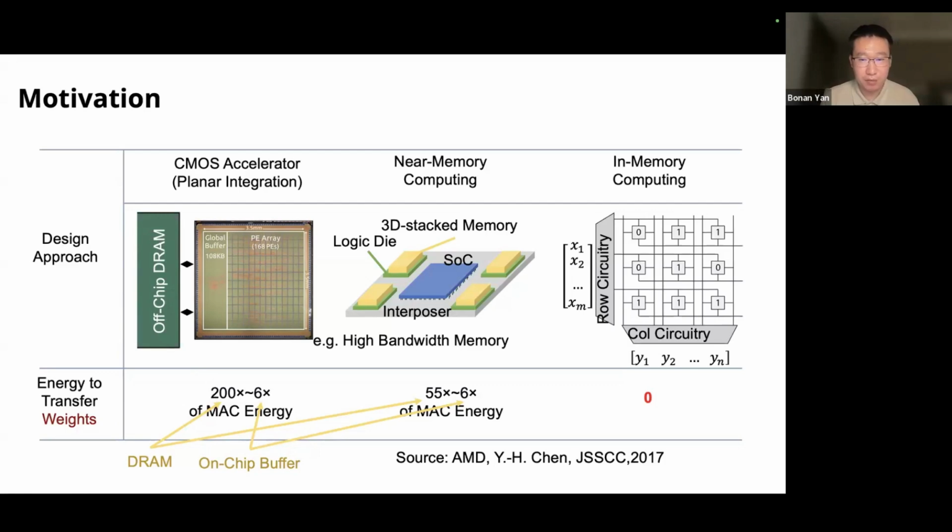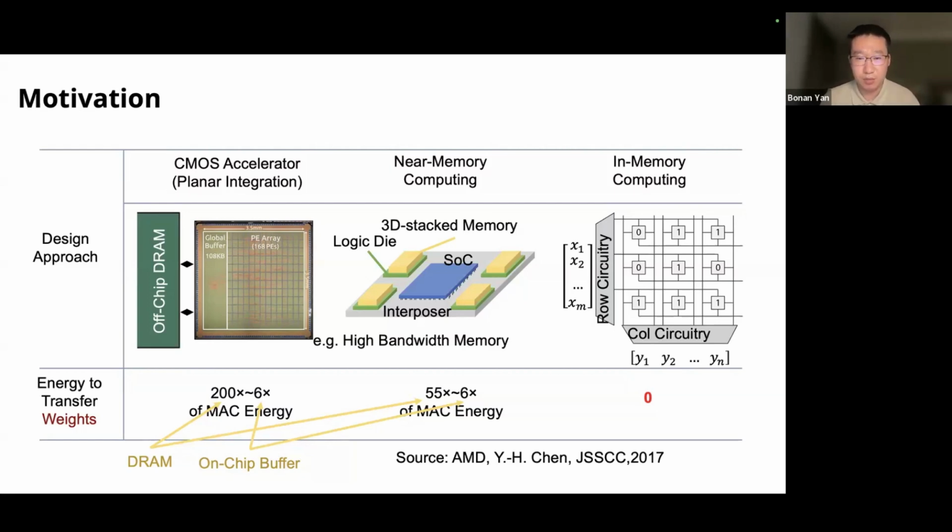If we look at the energy to transfer weights from off-chip to on-chip, compared with the computation energy cost of the MAC, it is about 200 times. After that we have new technologies: near memory computing.